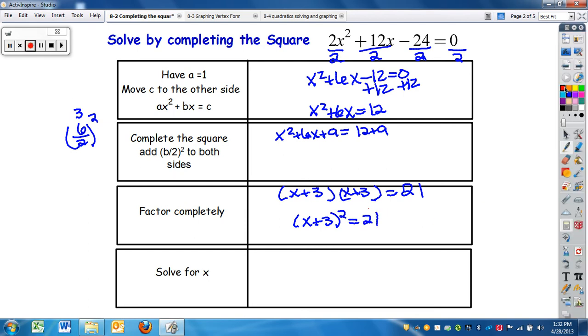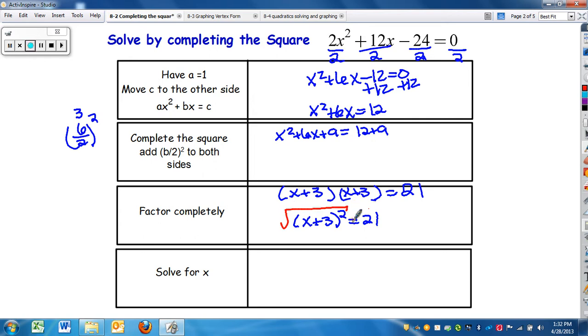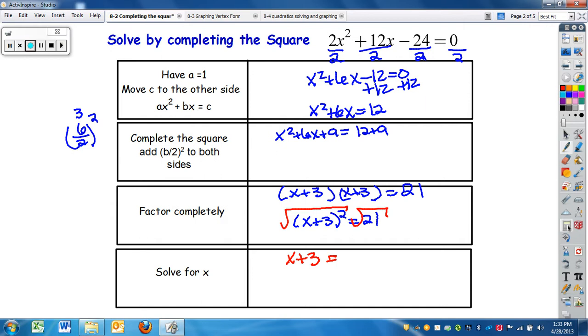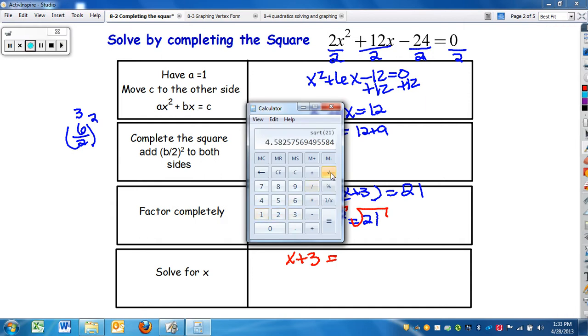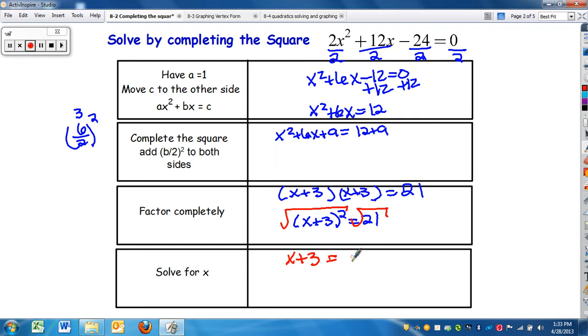Alright, so now we need to solve. So we need to get rid of our square to get x by itself. So we're going to square root both sides. Inverse operations. X plus 3 equals the square root of 21 into my calculator. And we're doing 2 decimal places, round to the hundredths. 4.58 is plus or minus 4.58. Right?